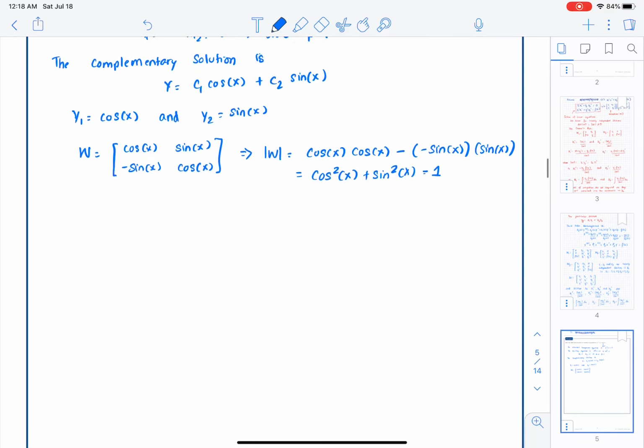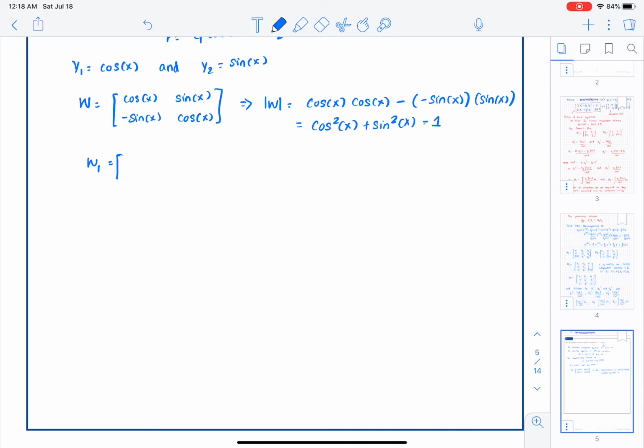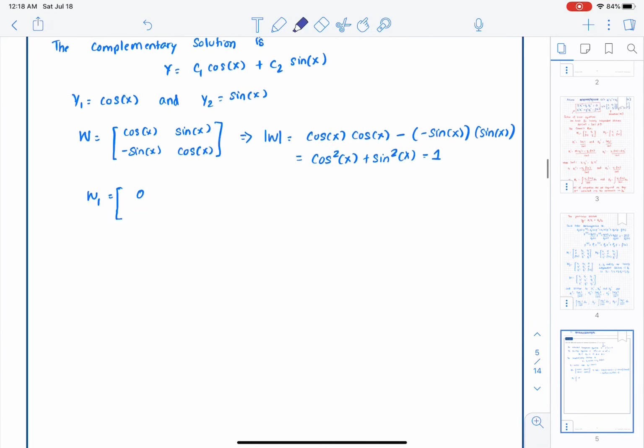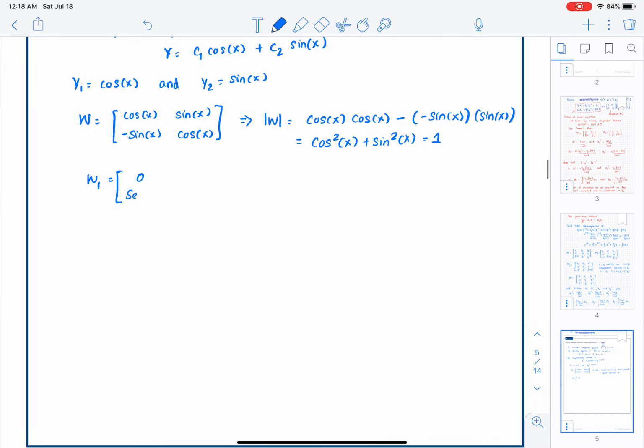Now w1 would simply be equal to 0, and the f of x here is secant x, sine x, cosine x. So the determinant of w1 would be 0 minus secant x times sine x, which would simply be minus tangent x.